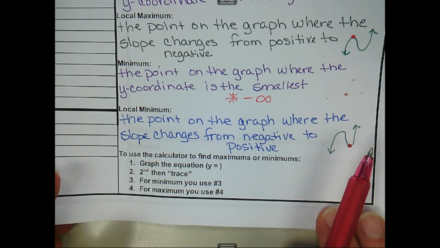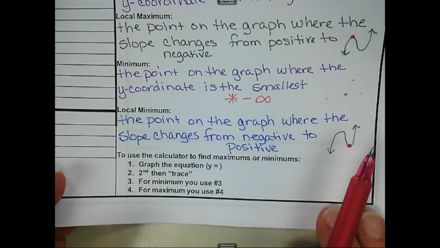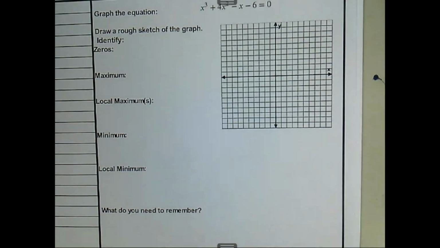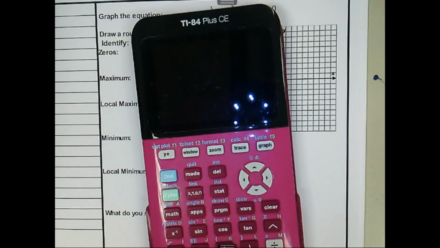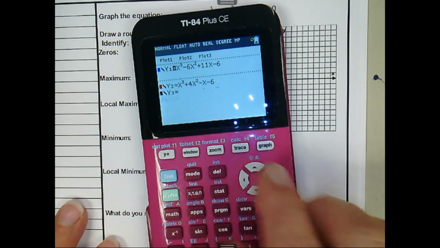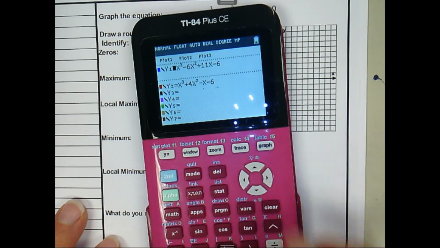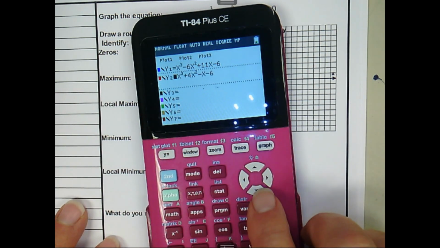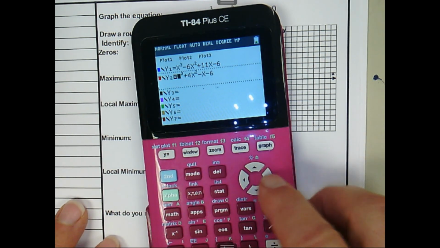So, we're going to go through how to do it, and we're going to draw a rough graph of this equation. Now, I've already got the equation into my graphing calculator. That was to speed up a little bit. So I'm going to go under y equals, going to make this one so it doesn't show up, and then I'm going to come down here, I'm going to hit enter, go out.